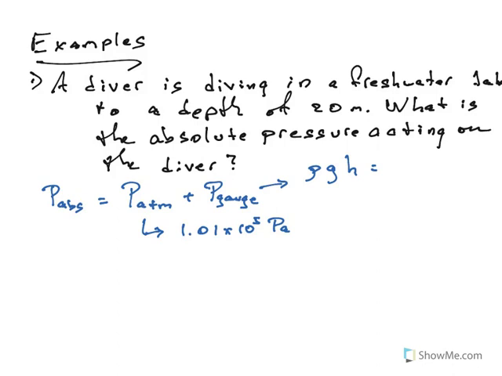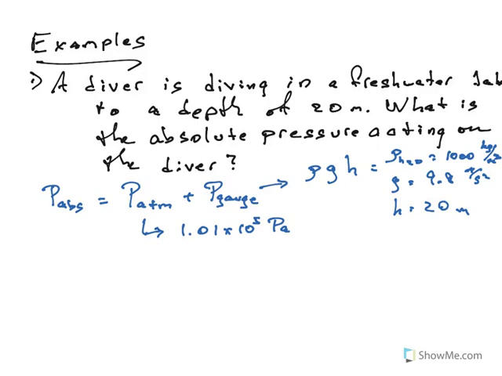We're told this is a freshwater lake, so it's just the density of water. Density of water is 1,000 kilograms per meter cubed. g, of course, that's just 9.8 meters per second squared. And the depth, the height, or the depth in this case, is going to be 20 meters.